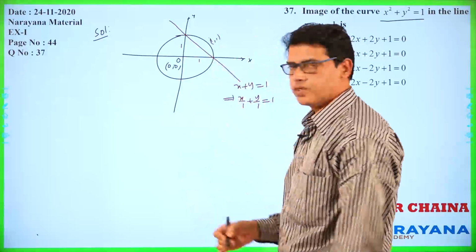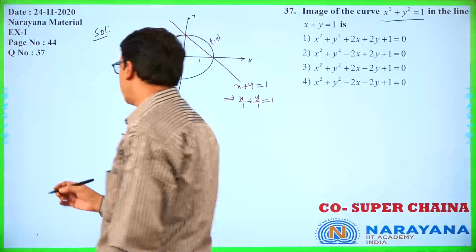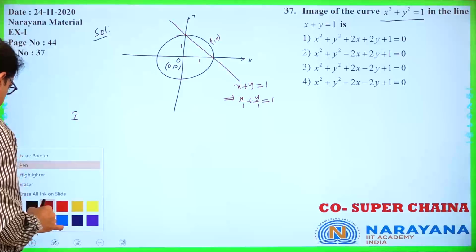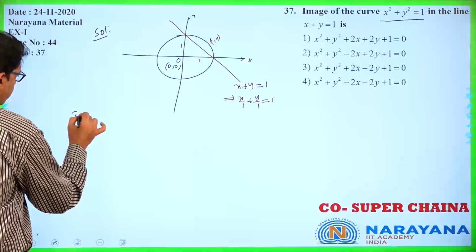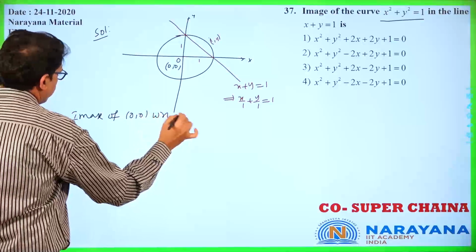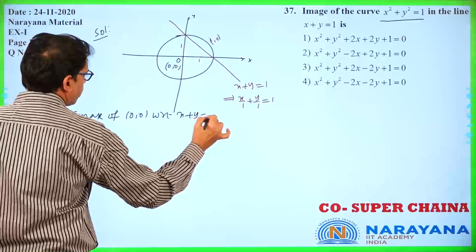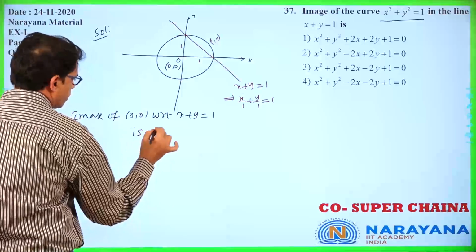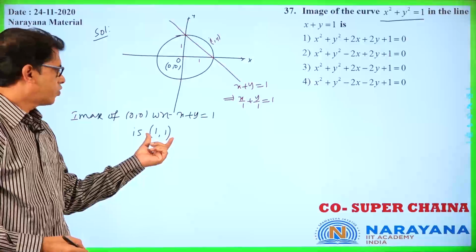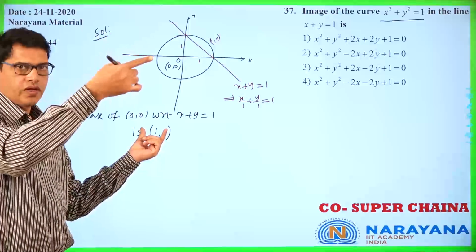This is the image of 0 comma 0. So the image of 0 comma 0 with respect to x plus y equals 1 is 1 comma 1. So this is the center of the image circle. Radius will be the same.